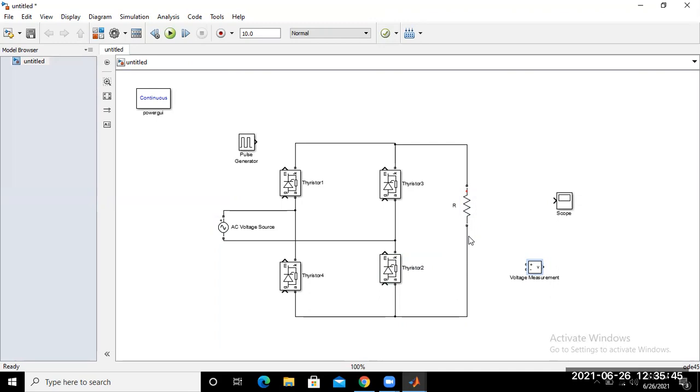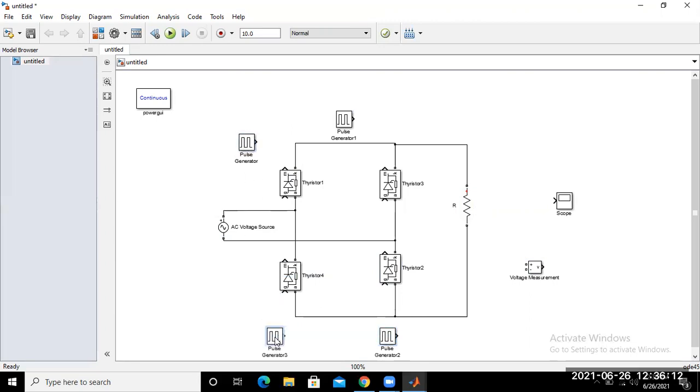Okay, now we require 4 pulse generators for the 4 thyristors. But here we have only 1 pulse generator, so just create another 3 pulse generators. So just simply drag this generator up to this point, and one up to this point, and next up to this point.